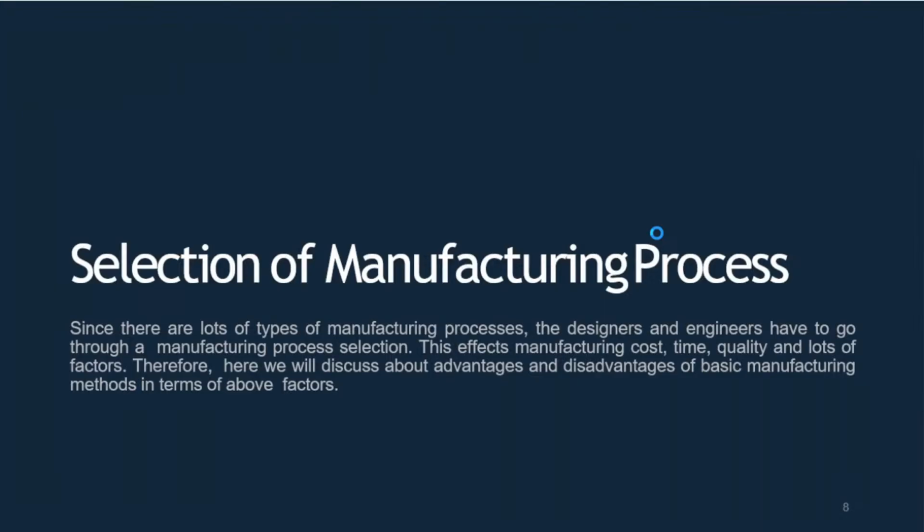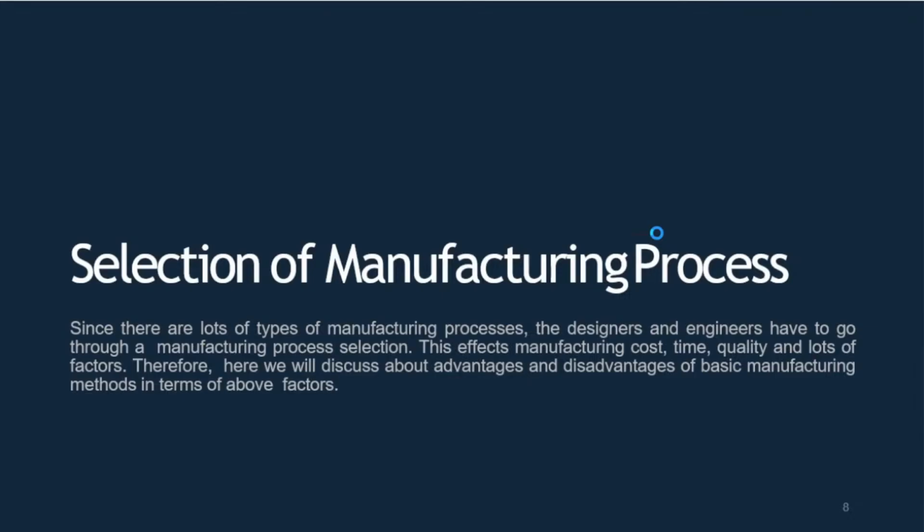Okay. Then this decision has a big impact on cost and quality, and some production time. Okay. And also performance. So according to this, we can choose our manufacturing process.